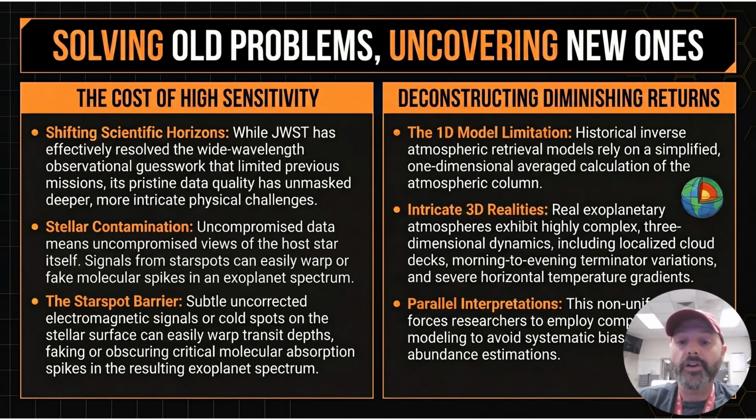So really, there are so many things that have to be taken into consideration, not only distance and light noise. There's even the time of day on that planet that could vary how we read the atmosphere. And there are parallel interpretations, so we have to use complicated models to avoid systematic biases in abundance estimations.